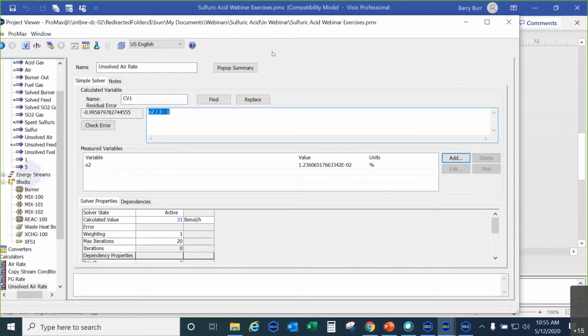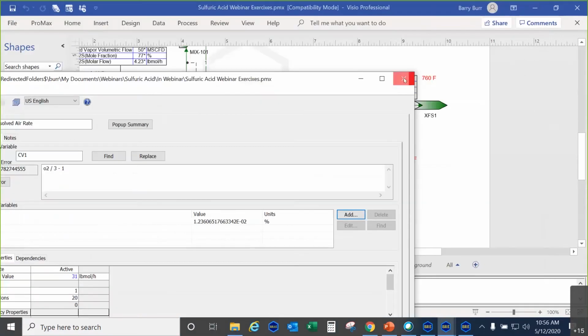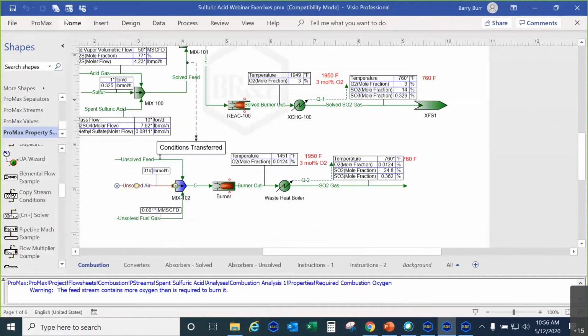In this case, I also want this solver to perform faster than the solver for the natural gas that I'm going to add. So I want to add a higher priority than the default, and I'll let the other solver be at its default. So let's see if we can converge this solver.